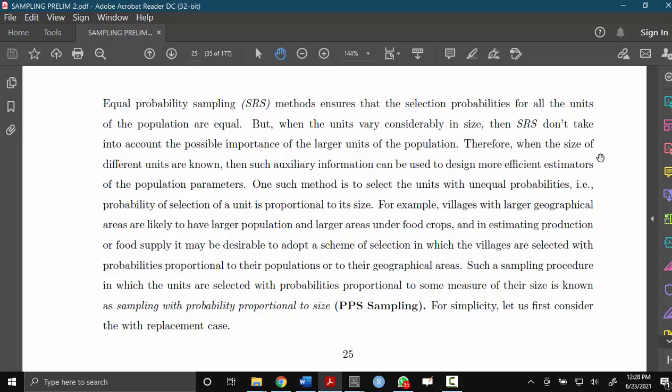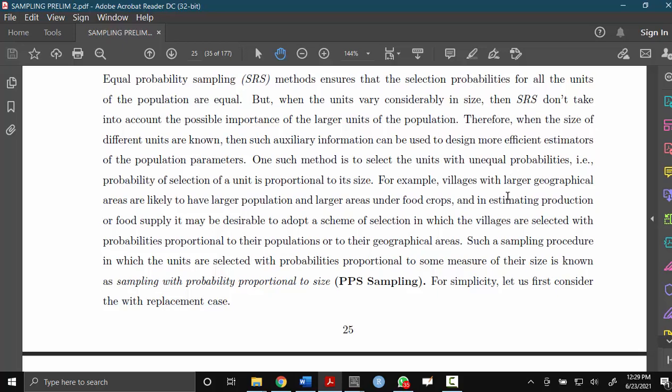That is why it is called probability proportional to size sampling, PPS sampling, and it is an unequal probability sampling. Now, why do we consider the size? What is the advantage in considering the size of the units for this unequal probability sampling?